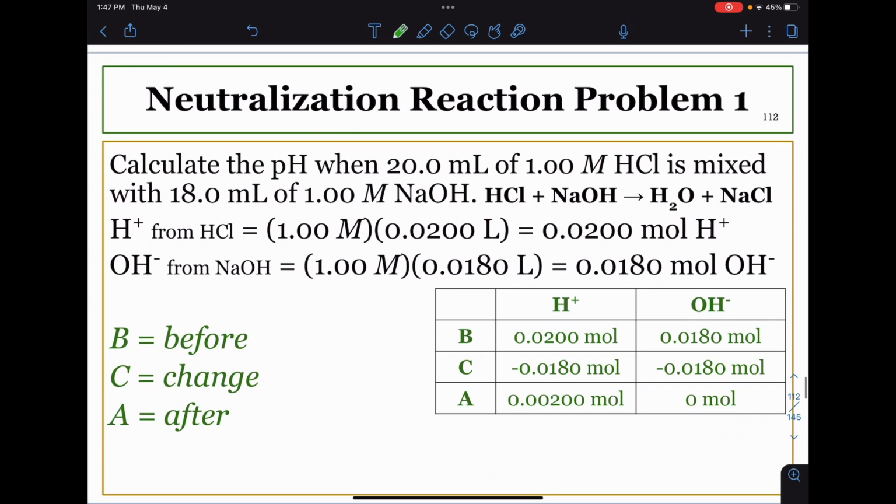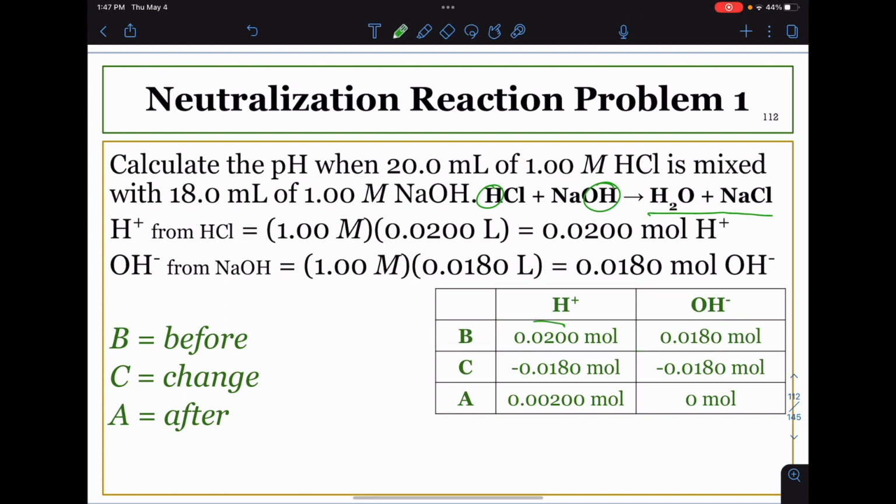So a great way to visualize this is using a before, change, after chart. We're not going to include the water or the sodium chloride because it doesn't matter how much is produced of either of those. We're wanting to know how many hydrogen ions and how many hydroxide ions are left over. So here's before the reaction. You have a beaker of each of these solutions.